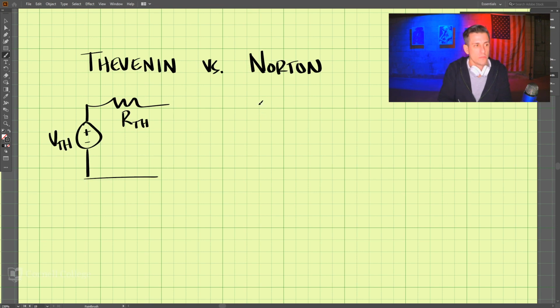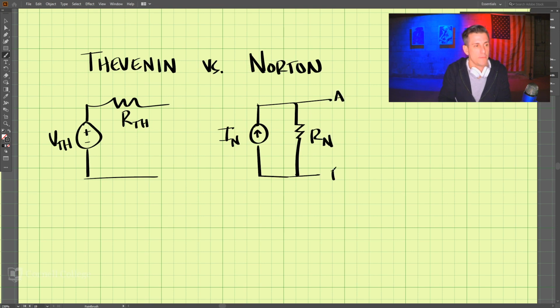And in Norton, we have a current source and a resistance. This is A and B.